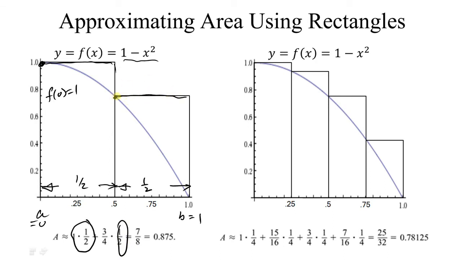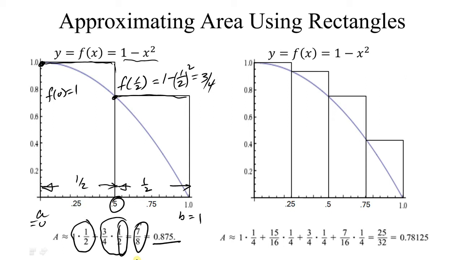So we need to calculate the value of F at 1/2, which is equal to 1 minus 1/2 squared equal 3/4. And so the area of the second rectangle is 3/4 times 1/2. And so if we add all that up, we get 7/8, and our estimate of the area is 0.875.